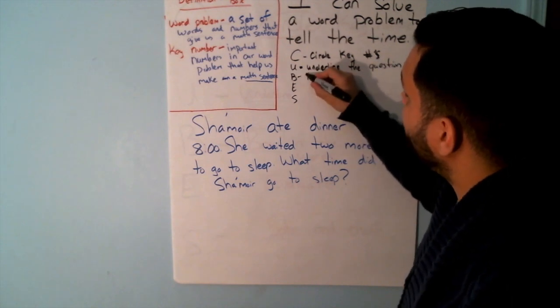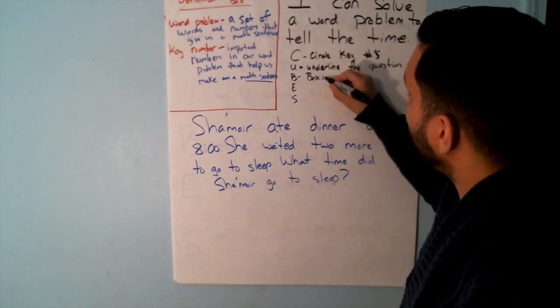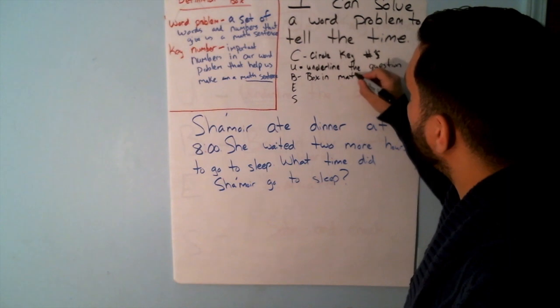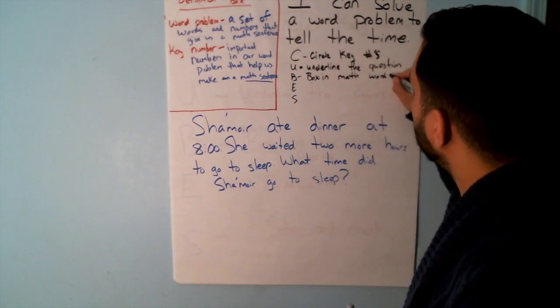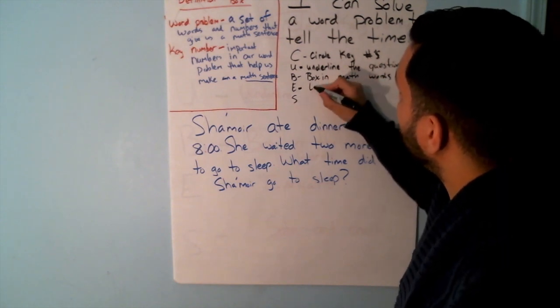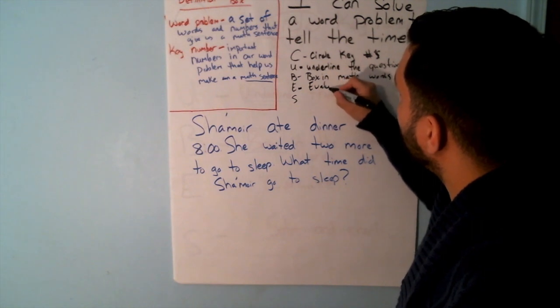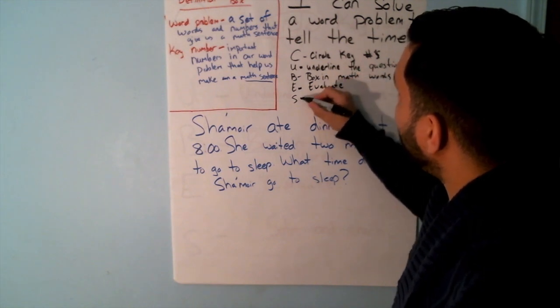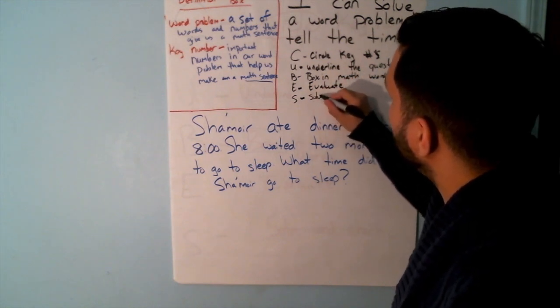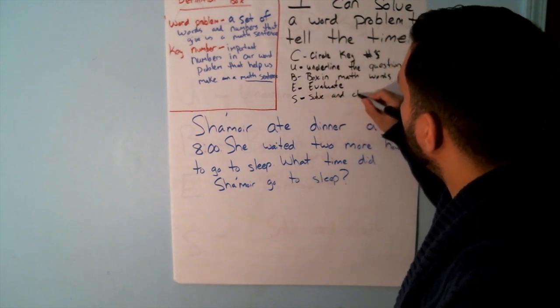B stands for box in math words. E stands for evaluate. And S stands for solve and check.